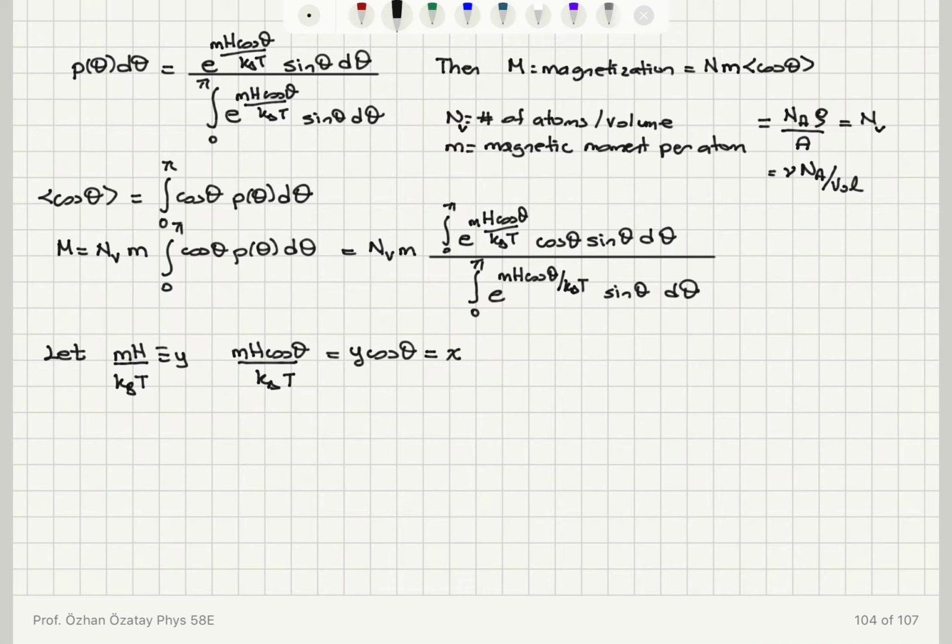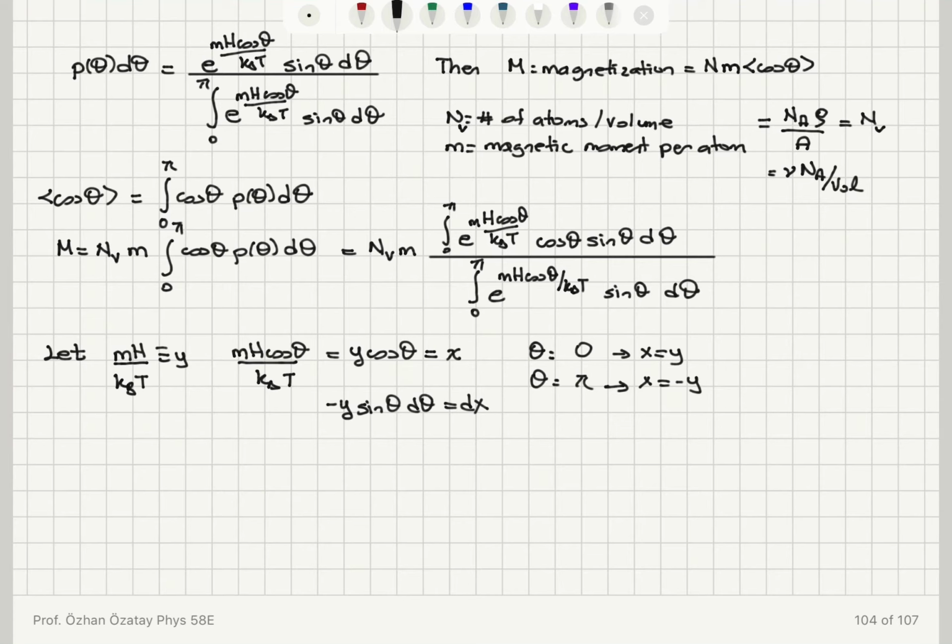And minus y sine theta d theta will become dx. And when theta goes from 0 to pi, when theta is equal to 0, I will have cosine 0, so x is equal to y. And when theta is equal to pi, cosine pi is minus 1, x would be equal to minus y.